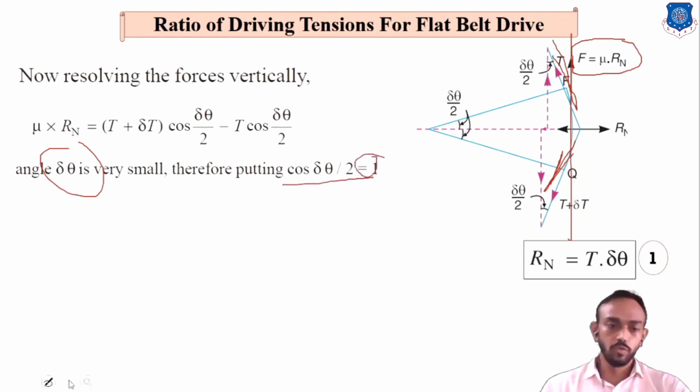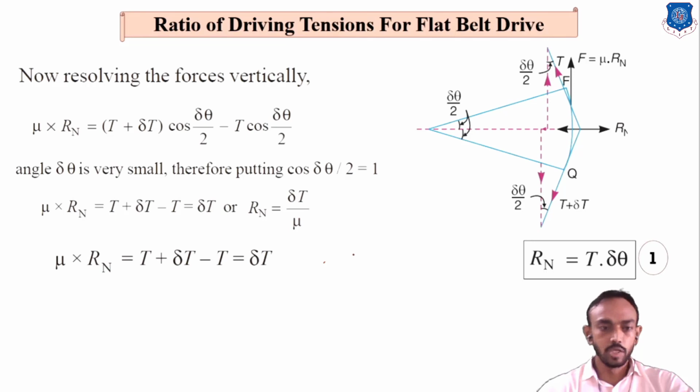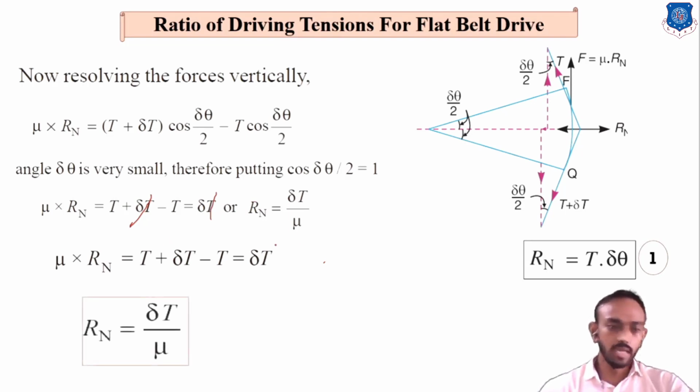Writing this in the equation, the terms eliminate, and we find Rn is equal to dT by mu, which is equation number 2.